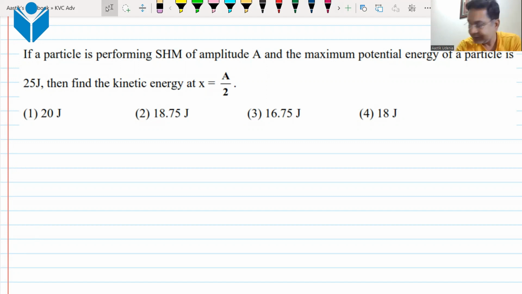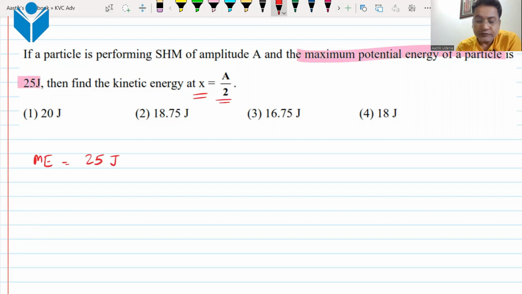This is the question. So it is given that the maximum potential energy is 25 joules. That means the total mechanical energy is 25 joules. Now, when the value of x is A by 2, you can find out the potential energy.